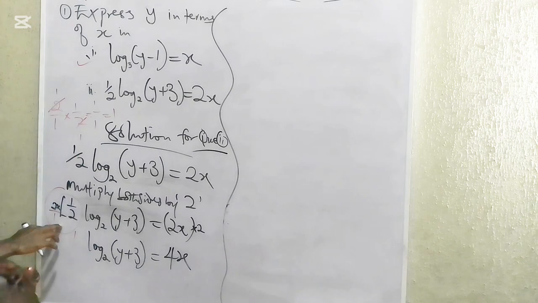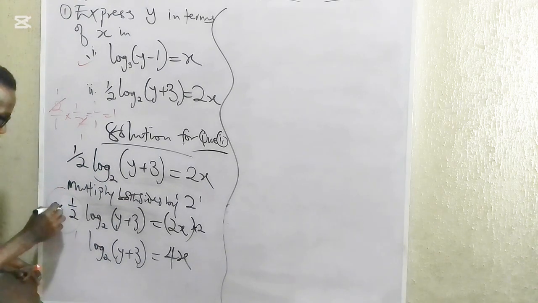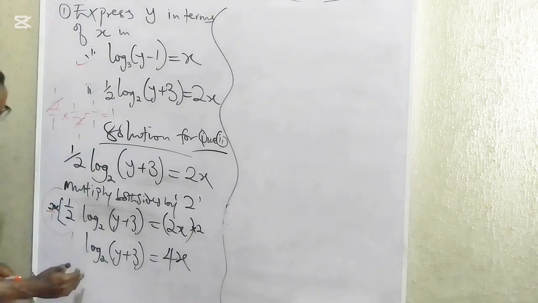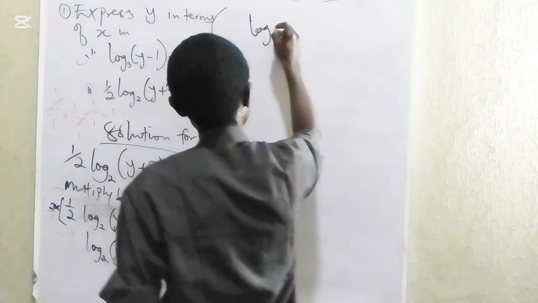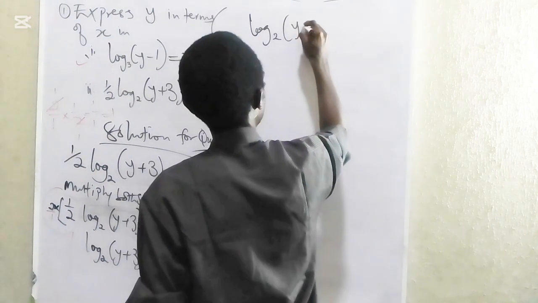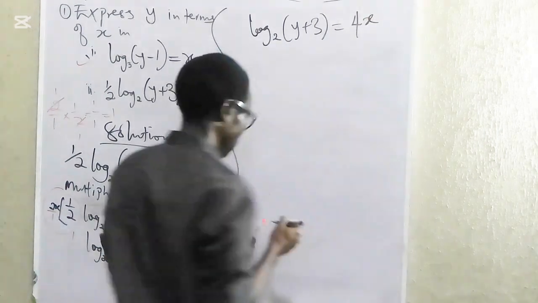Now take a look at this place again. What I've just done is multiply here. Now this is what we have. Let's bring it up here. We have log in base 2 of y plus 3 is equals to 4x.